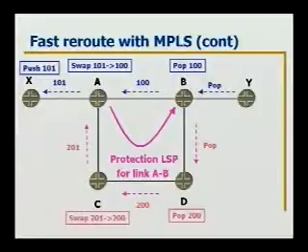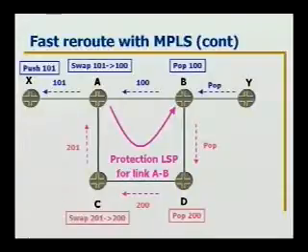We have the blue LSP, the upper LSP, which is the original LSP that traverses the link. Label distribution happens as follows. From the tail end, Y is advertising a POP label to B. B is advertising label 100 and installing forwarding state of POP 100.